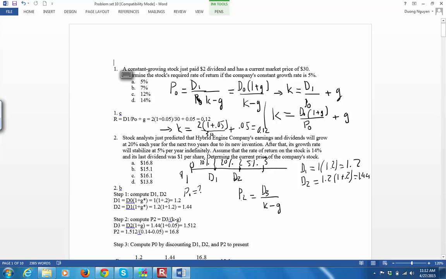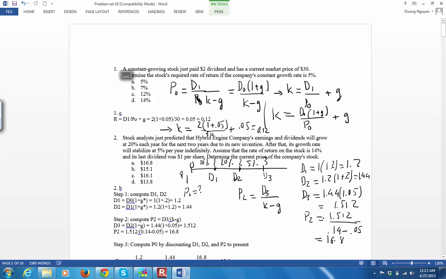And you need D3, because the formula for P2 requires D3. D3 equals D2, which is 1.44, times 1.05, because the growth in year 3 is 5%, so D3 is 1.512. Putting it in the formula, the price in year 2 is 1.512 over k, which is 0.14, minus the constant growth of 0.05.